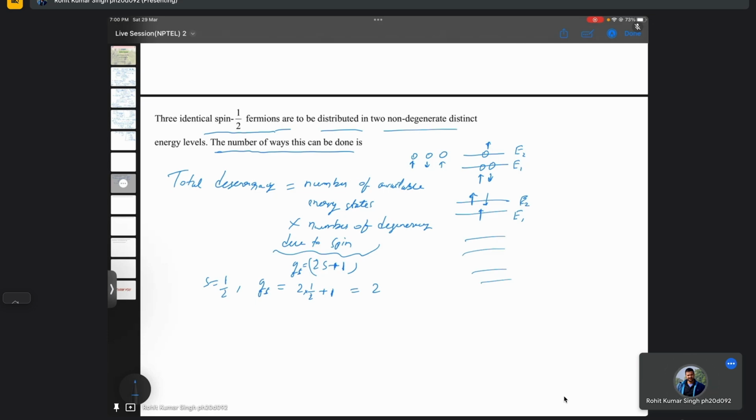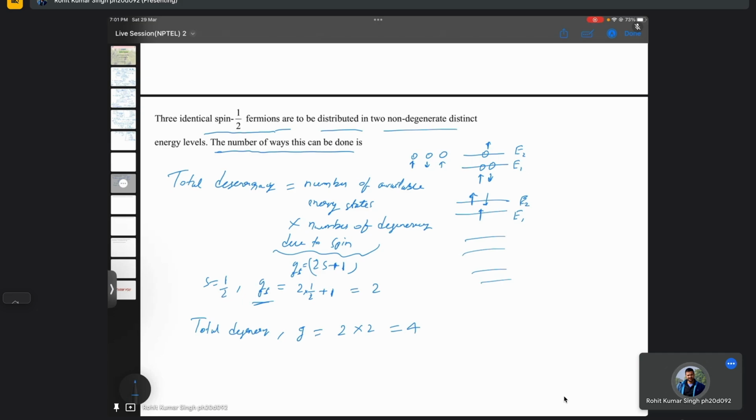So the total degeneracy given by G is equal to the number of available energy states, which is 2, into the degeneracy due to the spin, and so we have 4.